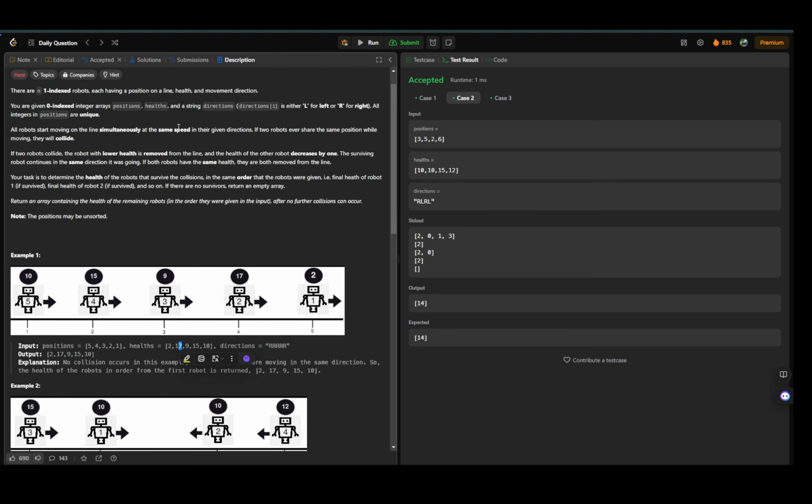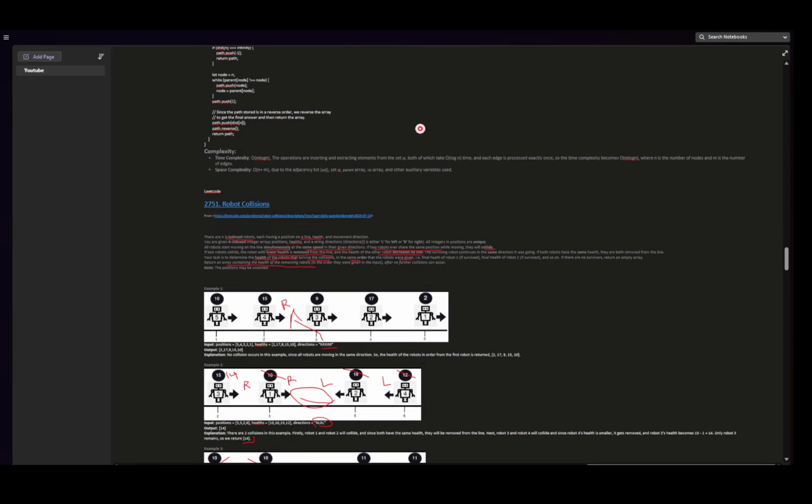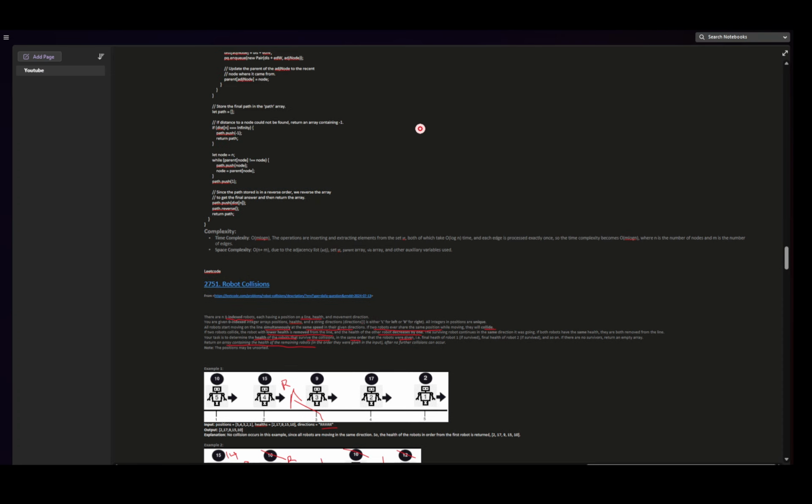And you can see that I will be explaining on my drawing board so that I can draw and explain better. All are one-based indexing, and all are positions on the line, and you are given a zero-based integer array positions, health, and the string directions, which indicates left and right, two possible characters.